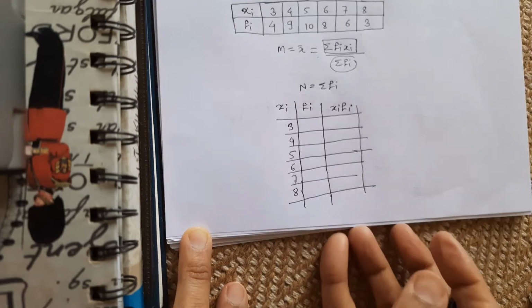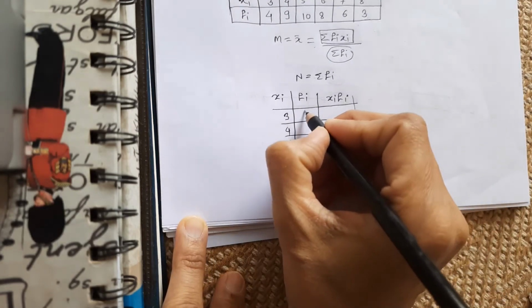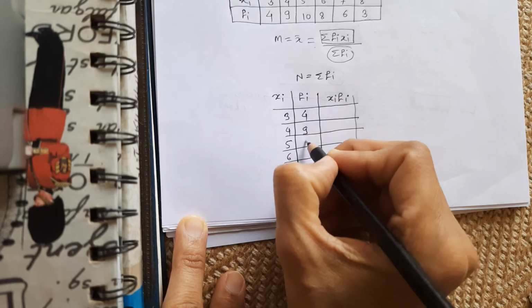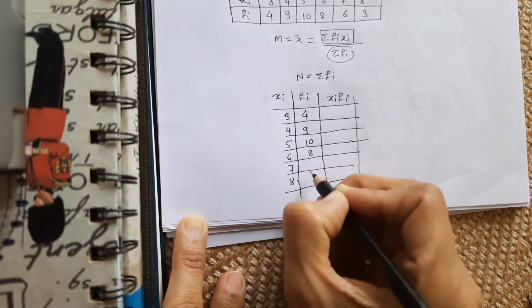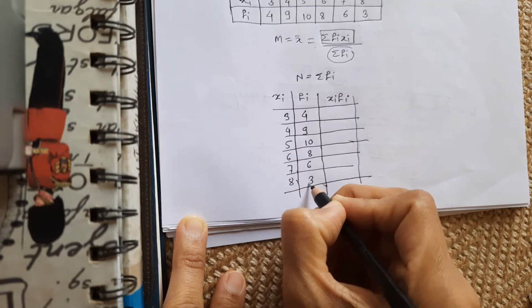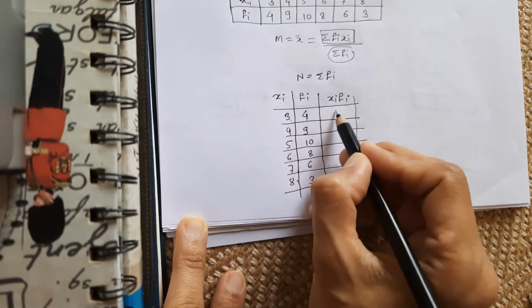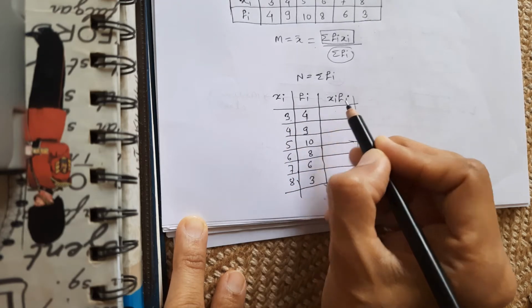And what is fi? 4, 9, 10, 8, 6, 3. Now just multiply these two and write here xi into fi.